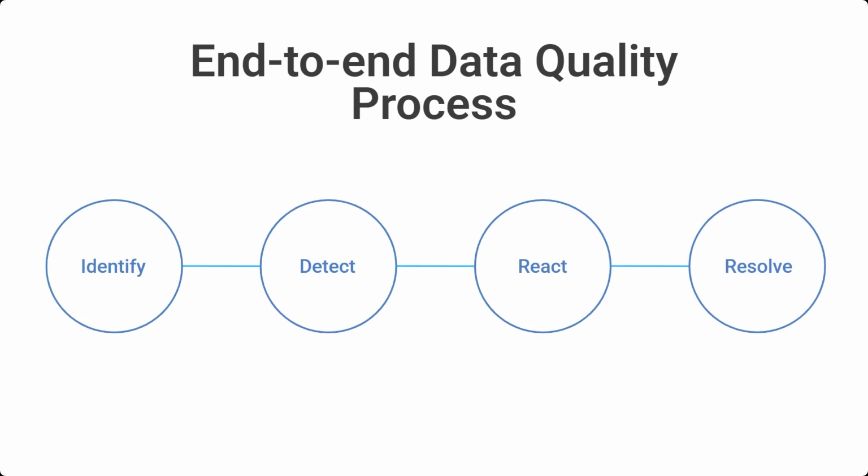EasyMorph, being a data automation tool, also provides quite a good range of options for detecting data quality problems, and not just detect them, but also you can automate reaction depending on severity, depending on where the problems are found. So you can have a whole range of options for reacting.